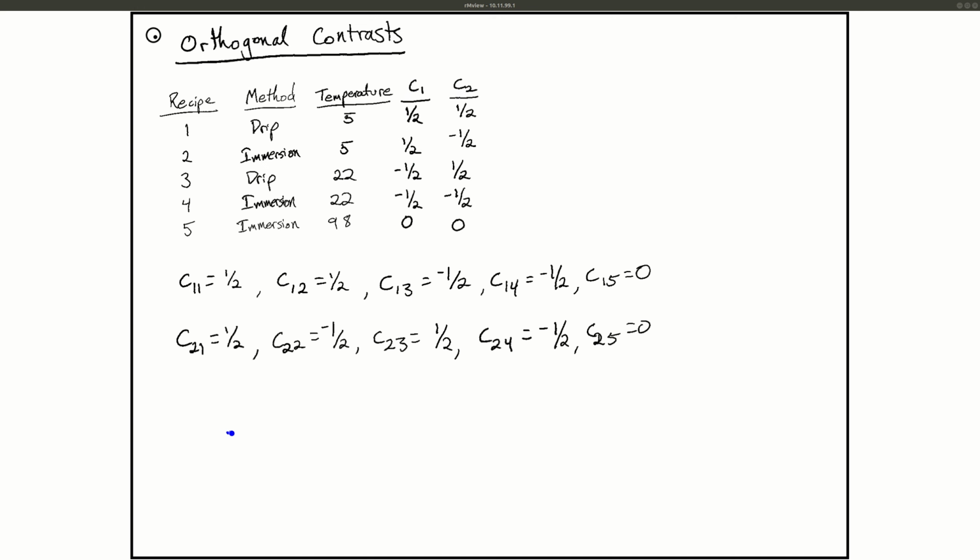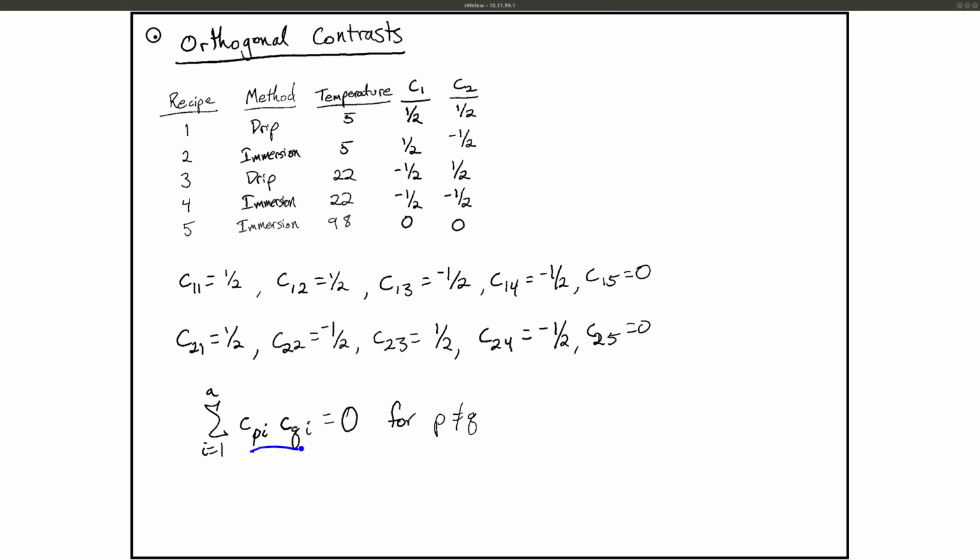Basically, if you take the sum of C sub p,i and you multiply it by C sub q,i, and you add all those up from i equals 1 to a, this should equal 0 for p not equal to q.